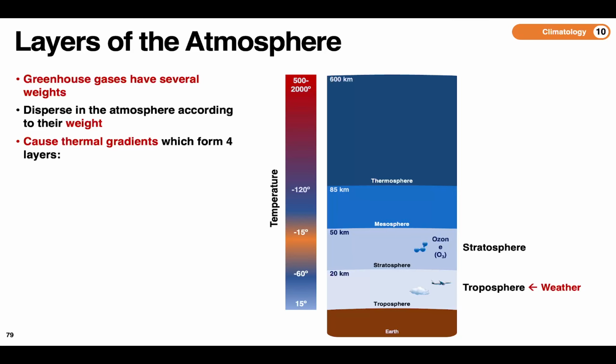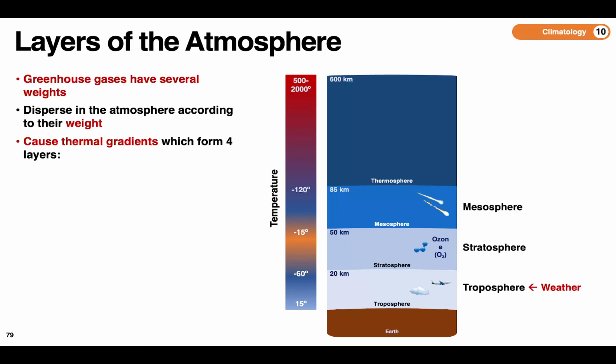Temperatures increase in the stratosphere because of increasing amounts of ozone, which, like we said, is a greenhouse gas, and especially it absorbs harmful ultraviolet rays of sunlight. By absorbing them, it transforms them into molecular kinetic energy, which is heat. And that's why we have more heating.